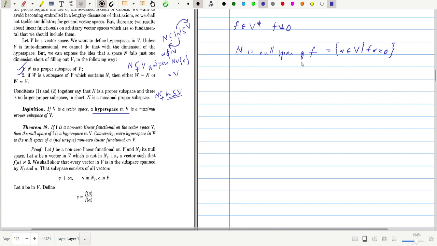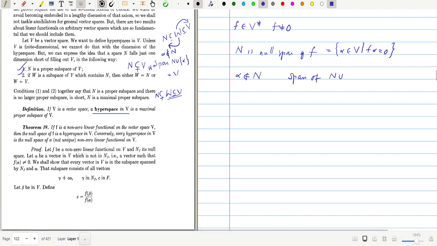If N is the null space of f, we will prove that N is maximal. How will we prove this? We choose an alpha from outside of N, and we will prove that the span of N union the singleton set alpha will be the whole space V.